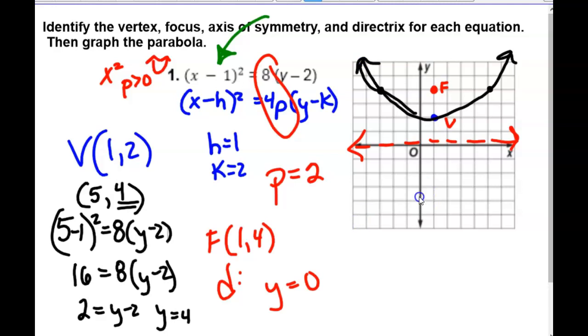Just graph it roughly. We're just trying to find what the shape is. And I'm not going to be super accurate, but if you have no points and no work showing that you found a point, then you're just guessing, and that's not going to get you full credit.